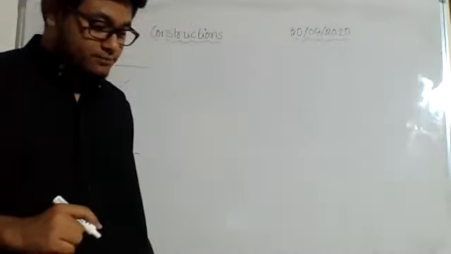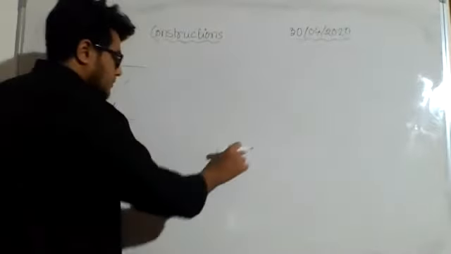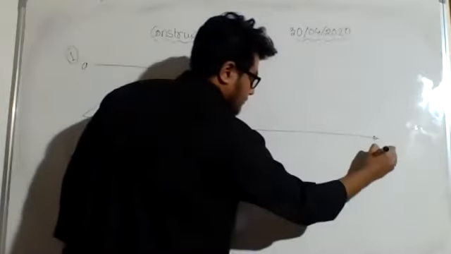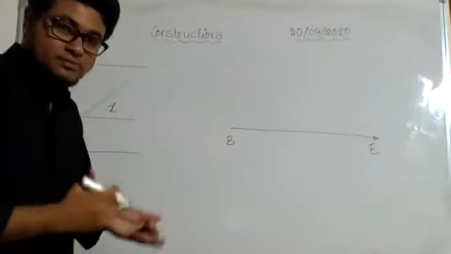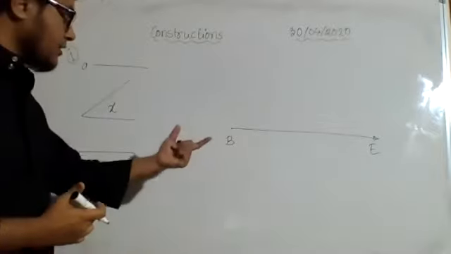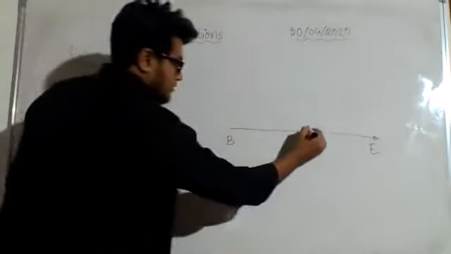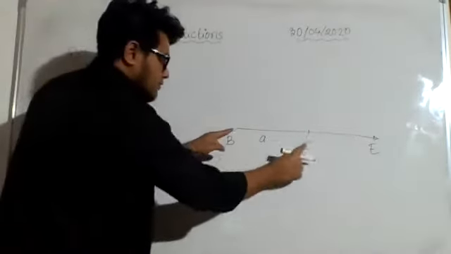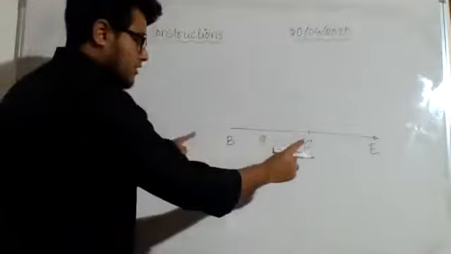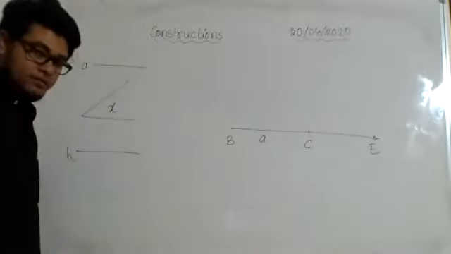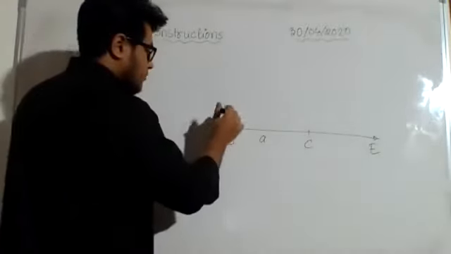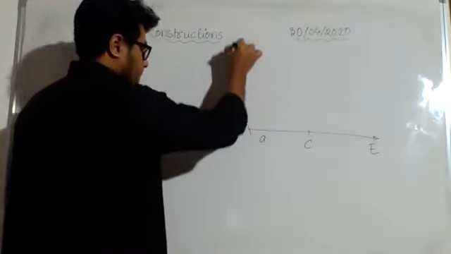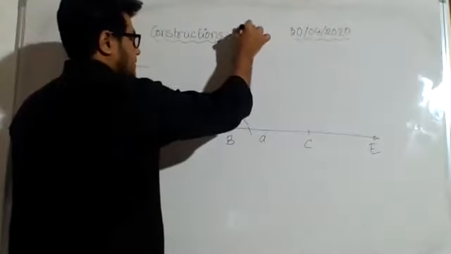So how to do that? Let us see. I will tell you the steps as I am drawing it. From any ray BE, we cut BC equal to A. At B, we draw a perpendicular BD.